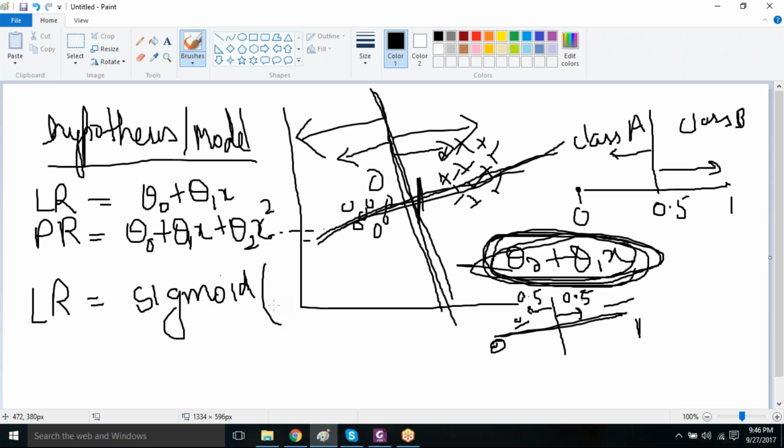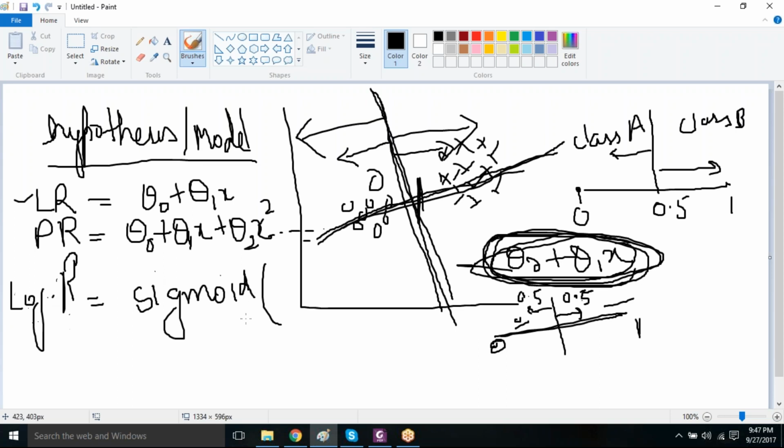Sigmoid function. So the model of logistic regression becomes this. LR is linear regression. This is different. This is logistic. Okay. Maybe I will write it again. This model is logistic regression. I will tell you. This is logistic regression. Okay.